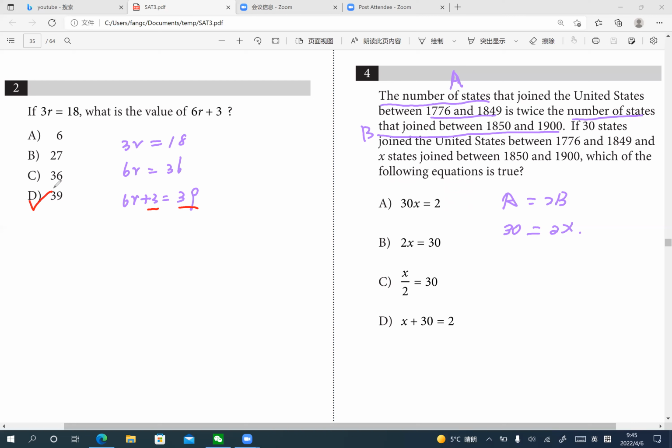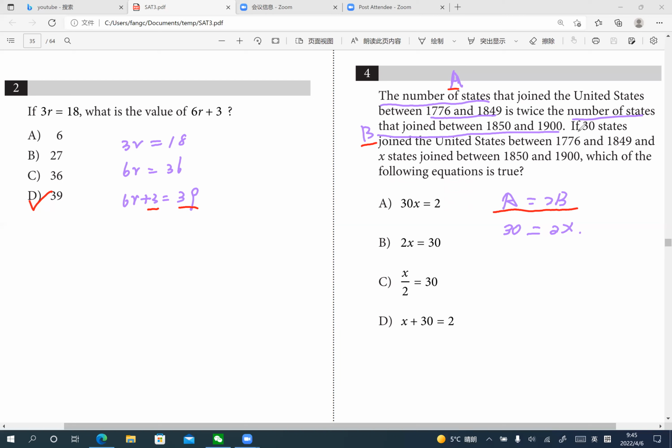So we can use A to represent the number of states that joined the United States between 1776 and 1849, and use the letter B to represent the number of states that joined between 1850 and 1900. According to the first sentence, the relationship between A and B is A equals 2B.